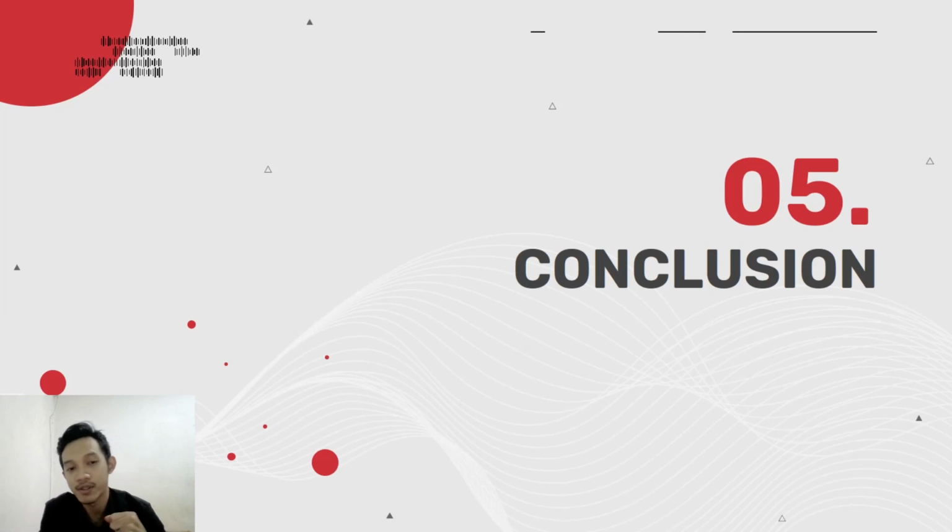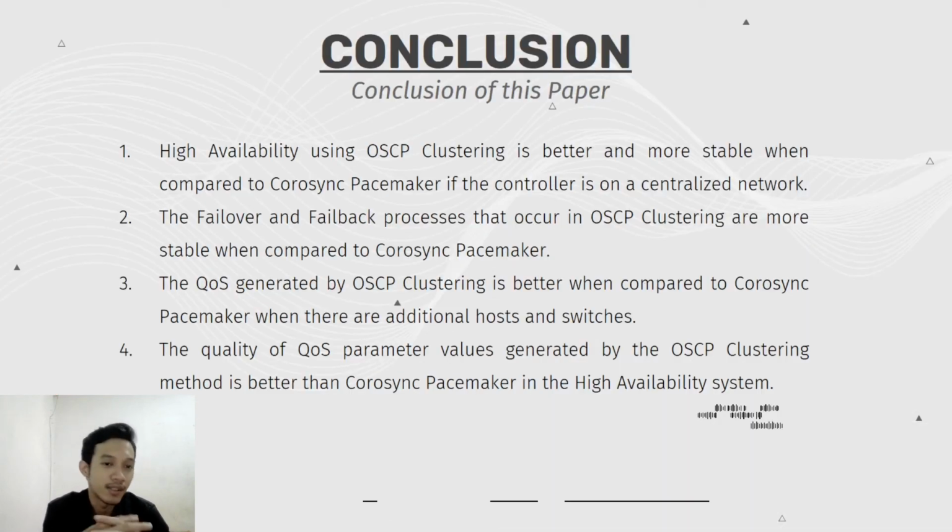The last is the conclusion. The conclusion of this paper: first, high availability using OSGP clustering is better and more stable when compared to crossing pacemaker if the controller is on a centralized network. Two, the failover and failback processes that occur in OSGP clustering are more stable when compared to crossing pacemaker.